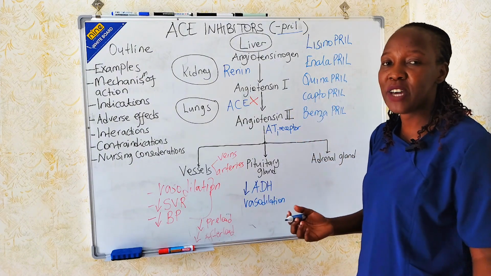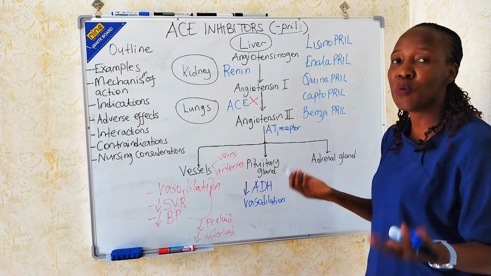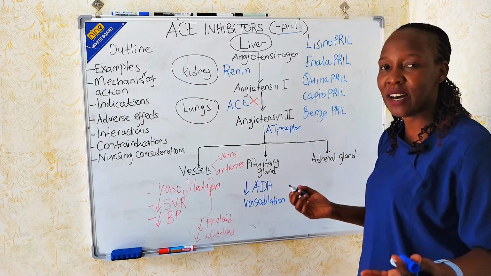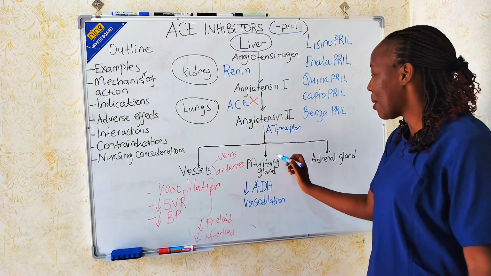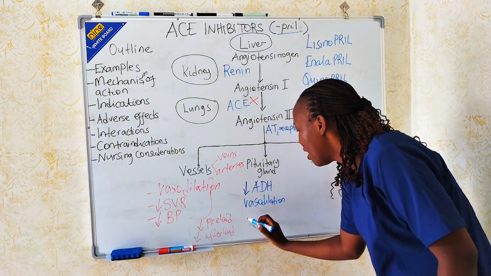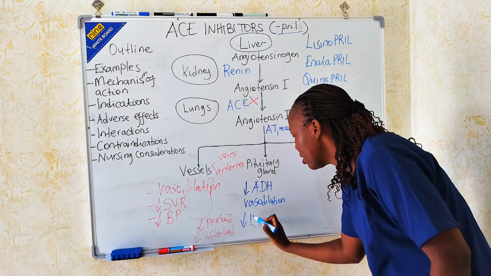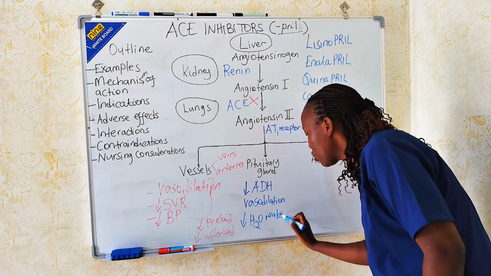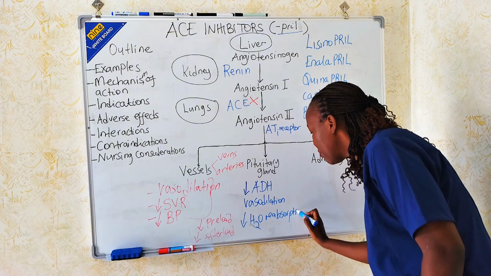Then the function of ADH is to reabsorb water from the later parts of the distal convoluted tubule and the collecting ducts. Because we are blocking this, we are going to have a reduction in water reabsorption, which is going to reduce the blood volume.